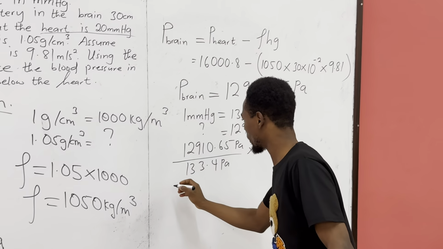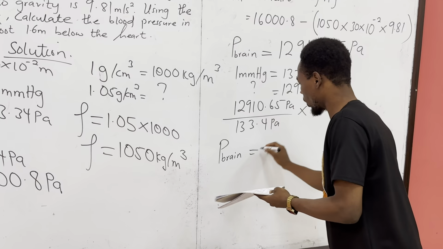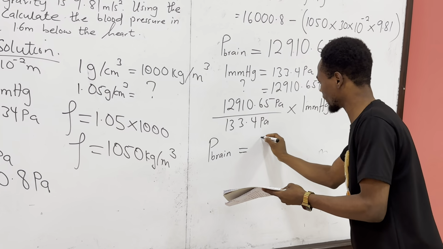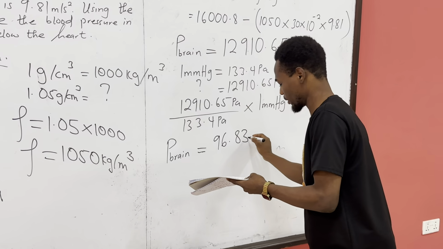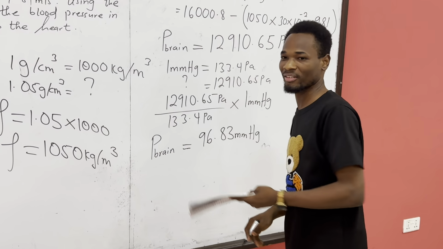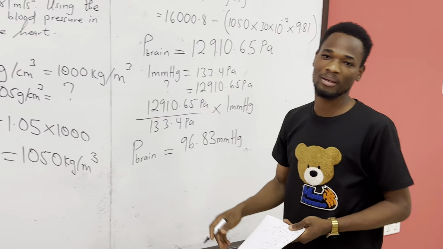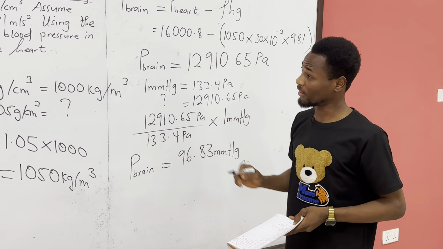So therefore, the pressure developed in the brain is equal to, by the help of the calculator, 96.83 millimeters of mercury. Viewers, the concepts are very simple to understand. So this is the first part of the question.